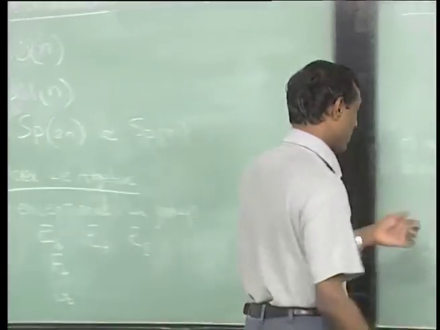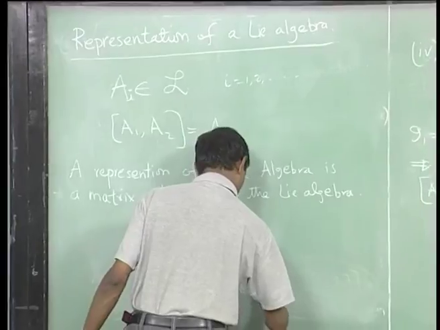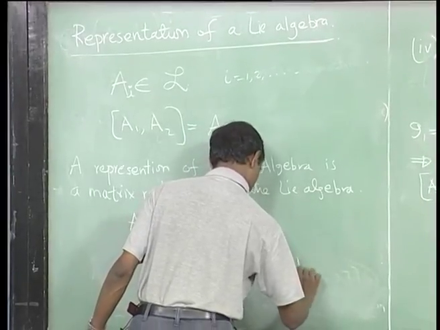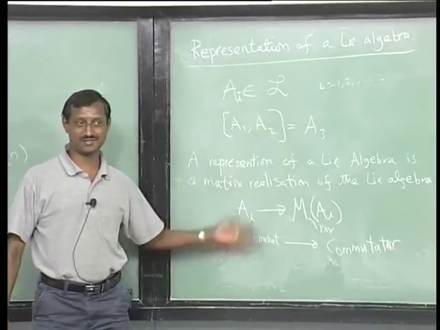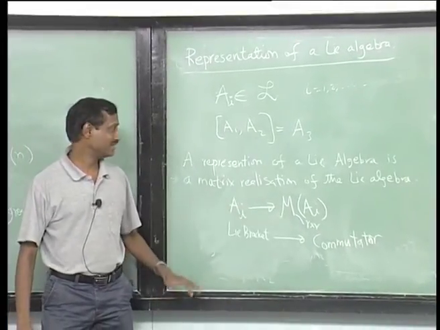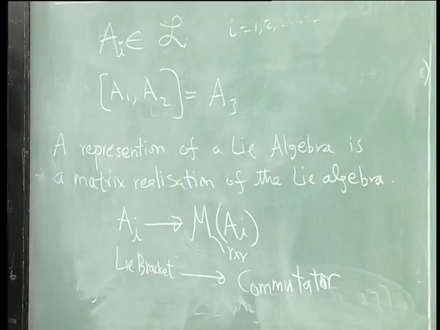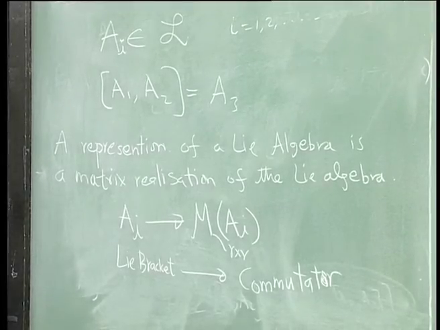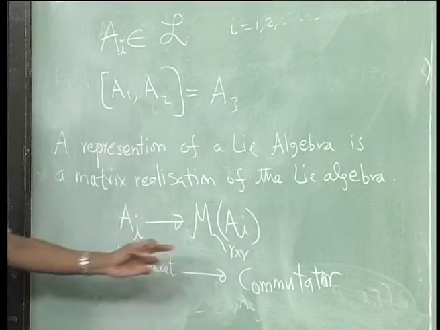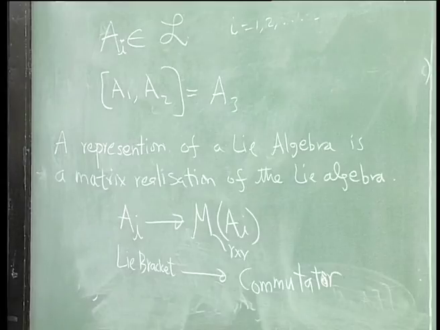Okay. So, the Lie bracket becomes the commutator, and of course, it has to respect the Lie algebra structure. I mean, that is implicit in this statement. So, this is what you mean by a representation, and you would say this is a representation of dimension R, where R is the size of the matrix, and it should be a faithful representation.